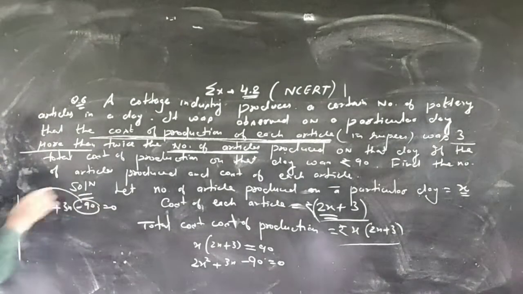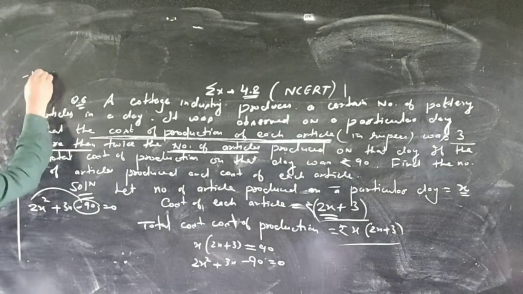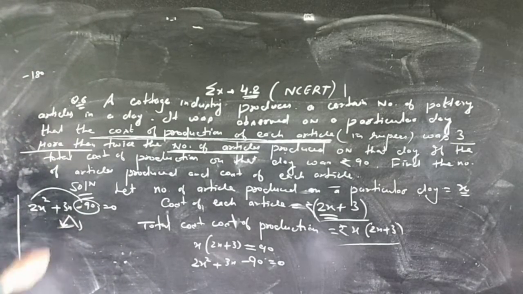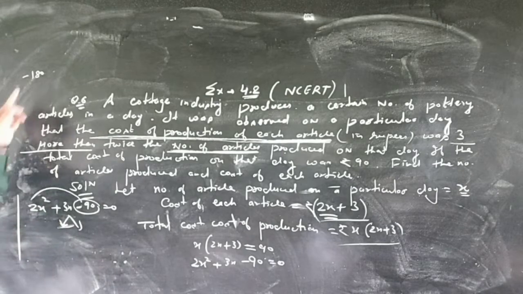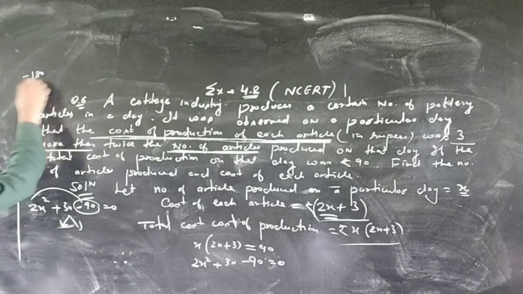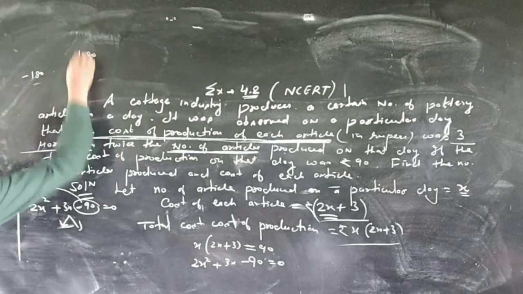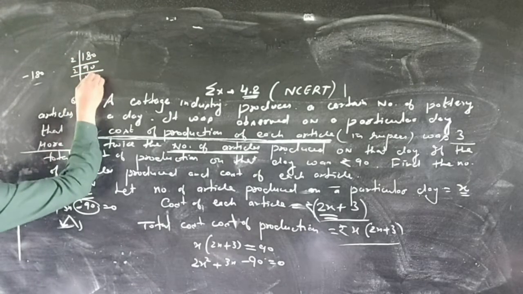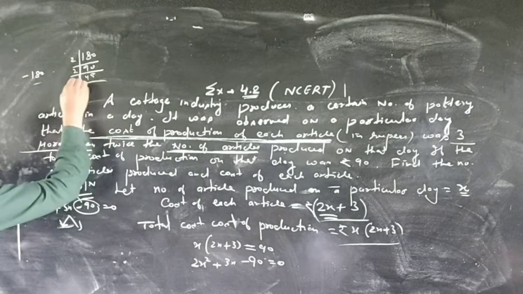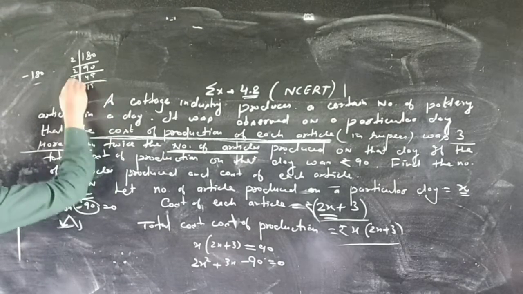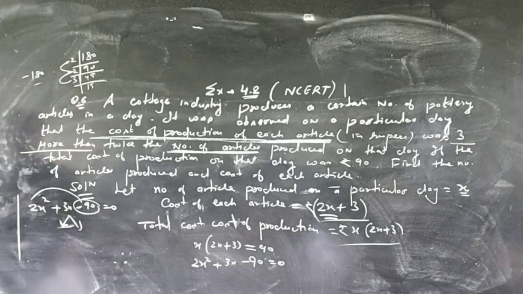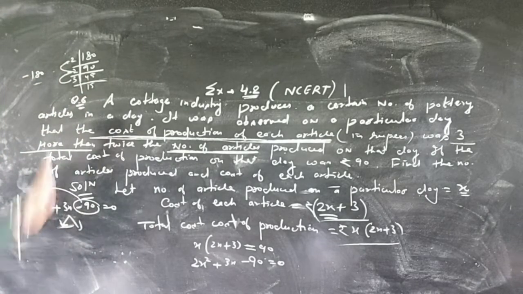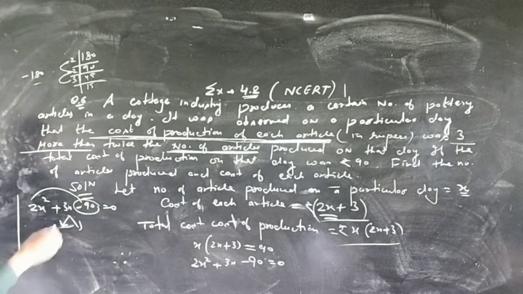The product is −180. Split this 3x into two parts such that their sum is 3 and their product is −180. Those are 15 and −12: 15 minus 12 is 3, and 15 into 12 is 180.